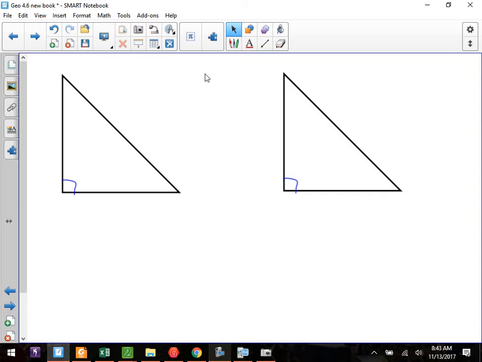What value is always going to be the value of C? It's the hypotenuse. So let's call this C, A, and B. Now, I'll do this numerically: let's say we have a 10 and an 8, and this is also a 10 for C and an 8 for B.